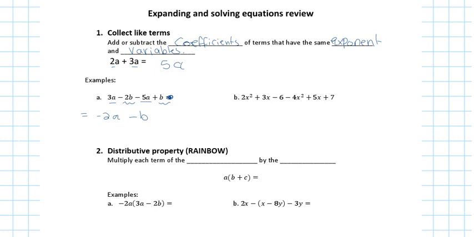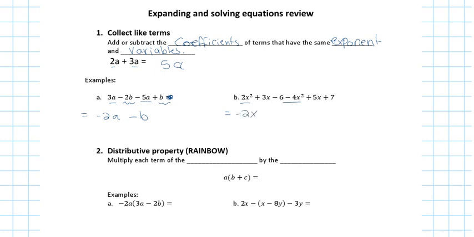I can't do anything with it, so I leave it. Okay? 2x squared plus 3x, take away 6, take away 4x squared plus 5x plus 7. What are my like terms? 2x squared and negative 4x squared.